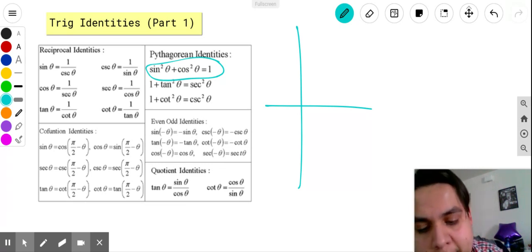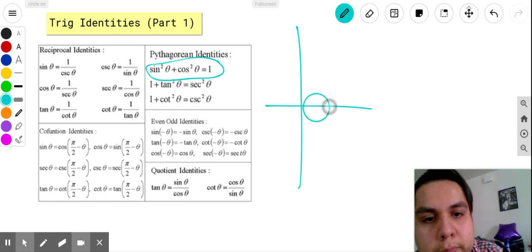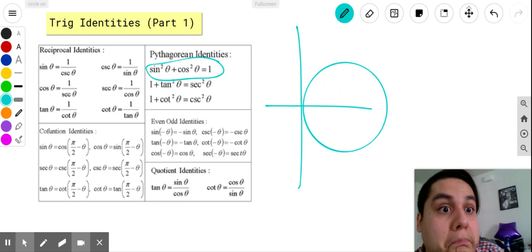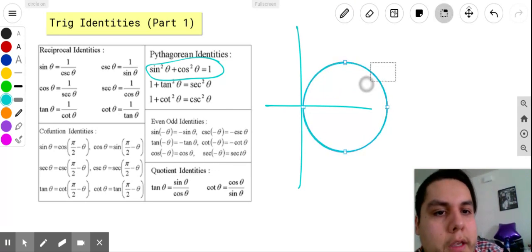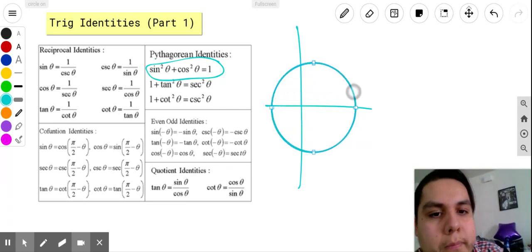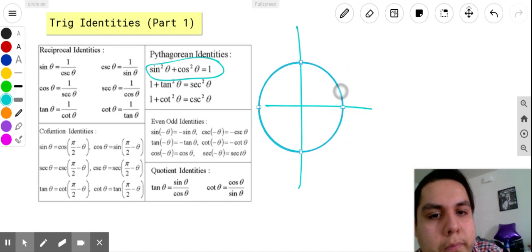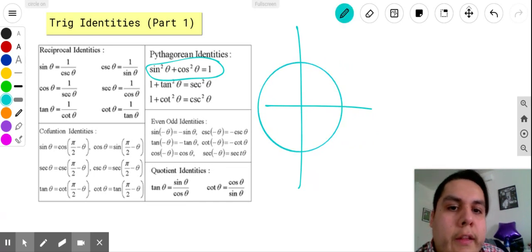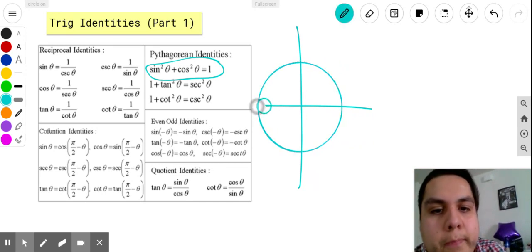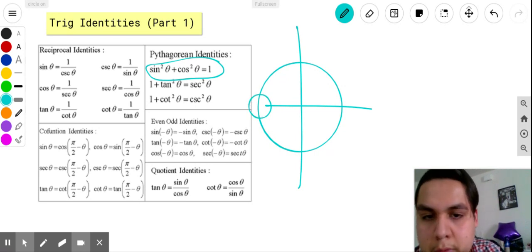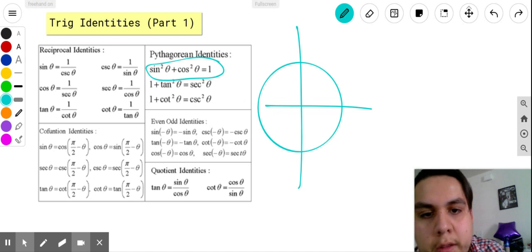So if I have, let's say, a unit circle, and I move it, and let's say that has a radius of 1.